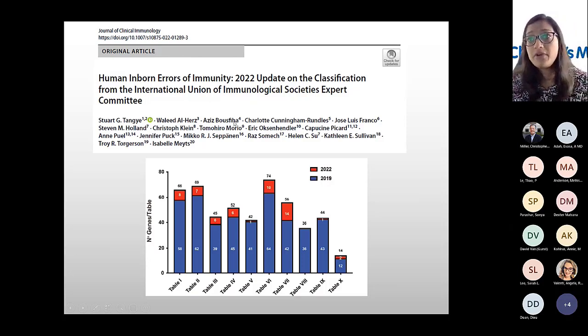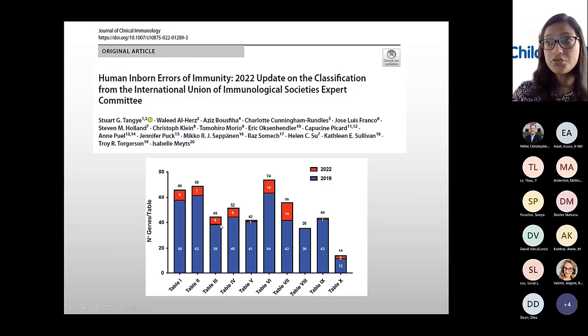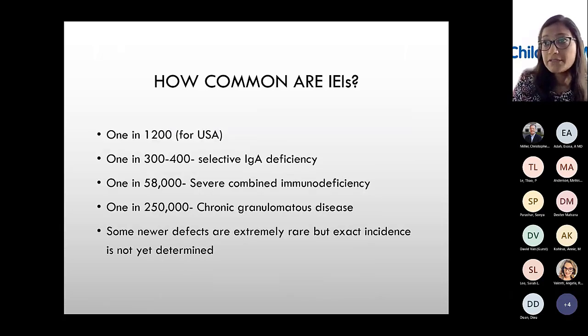So this is the paper that just came out, 2022 update, and it has 55 new genes that it mentions. That's since 2019. So this figure basically shows the new genes in red here, and they are in all different categories, where we found most of those categories have new genes that we were able to look at.